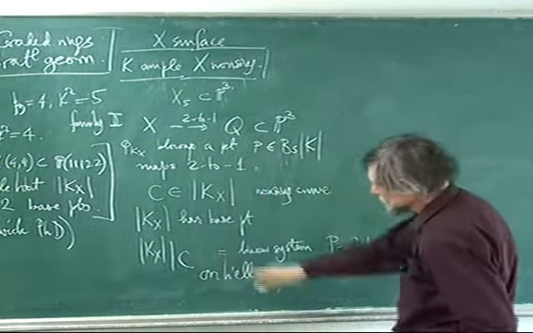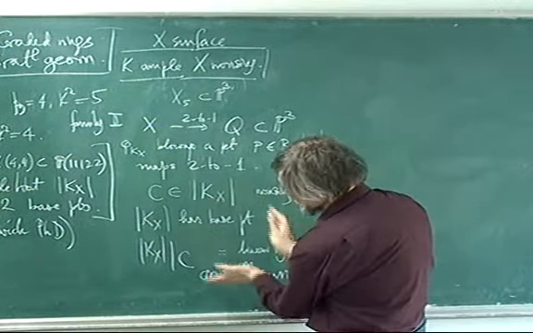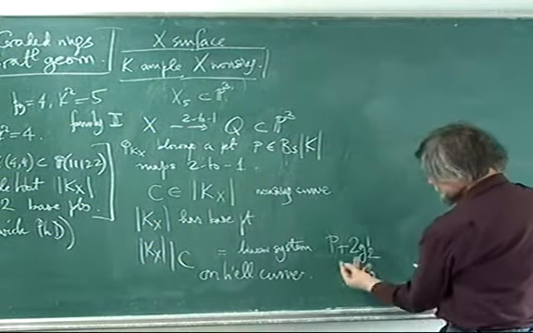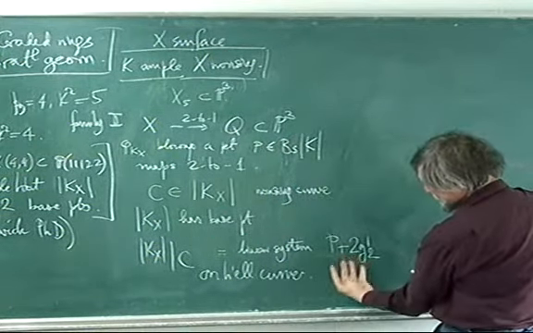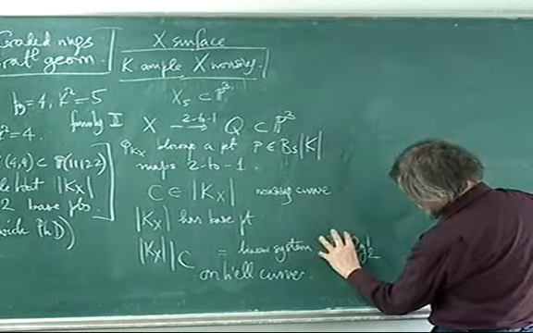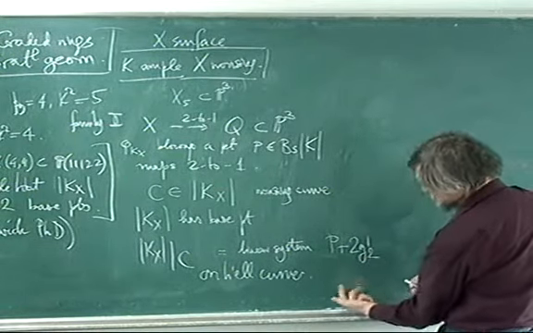So I've got a non-singular curve here, and a linear system on the surface. I restrict the linear system from the surface down to the curve. I get a linear system which has degree 5 and dimension 4. And it's got a base point. And so the only possibility by Clifford's theorem is that it's twice a g^1_2.